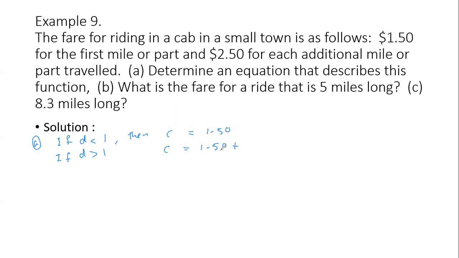So for the first mile, it is 1.50. The rest of the miles is d minus 1. For this, what is he paying? He is paying 2.50 per mile. Now, if you simplify this, this is 1.50 plus 2.50d, distributing this minus 2.50.